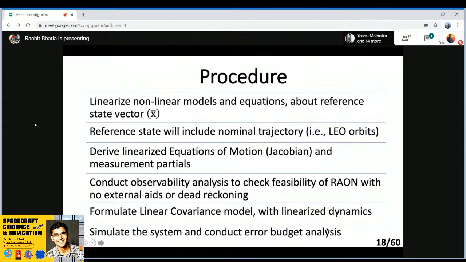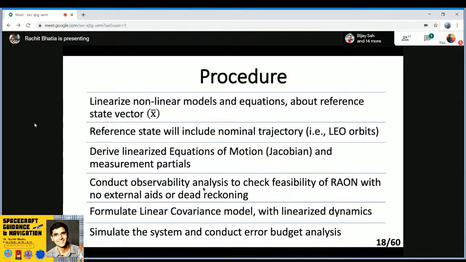Now, the reason I want this error budget analysis is that I've set up the problem. What I need to do is first, using observability analysis, check if the given concept can work. Basically, I have these measurements from a very powerful accelerometer.